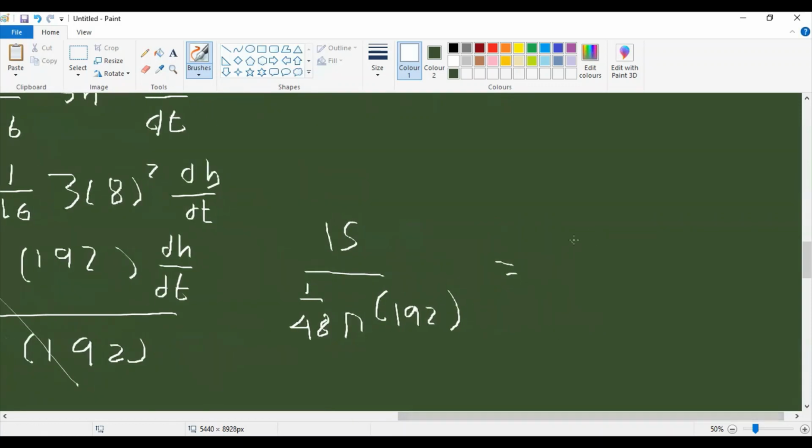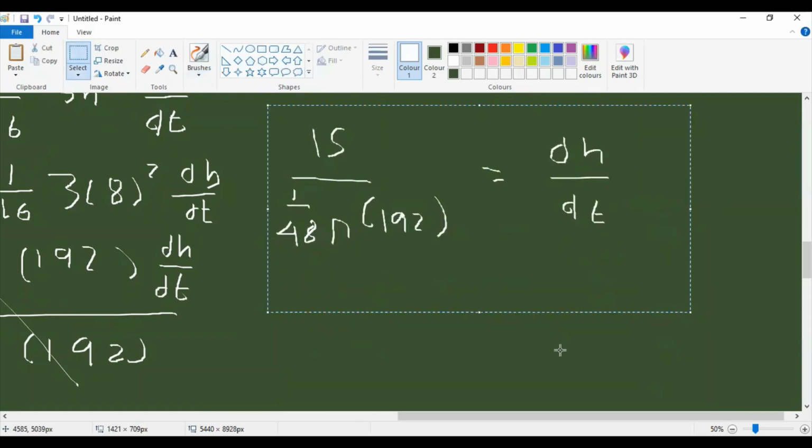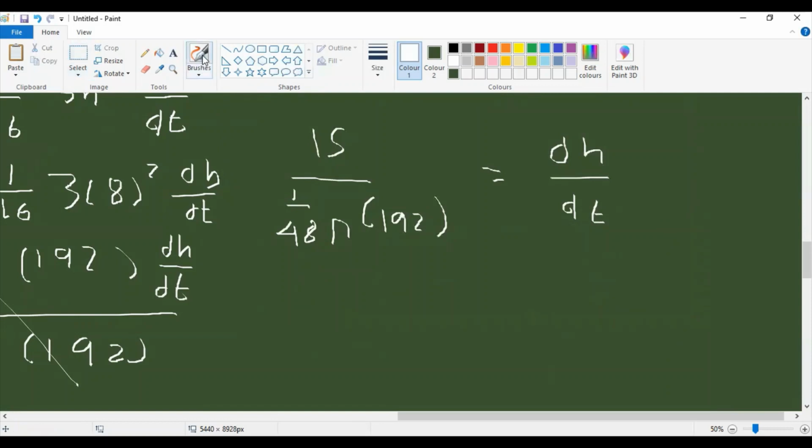So this will be the equation of dh over dt. Sorry about that. I am actually having a hard time writing because I'm using a mouse.